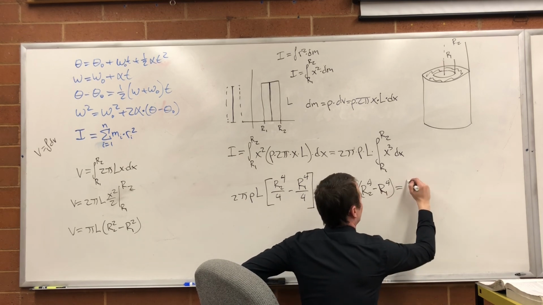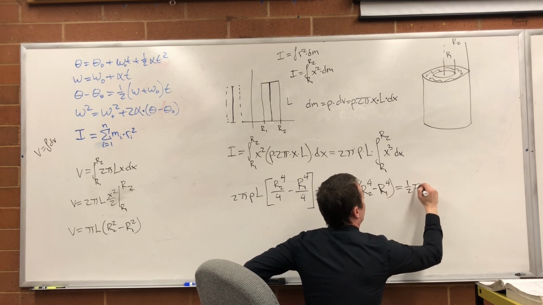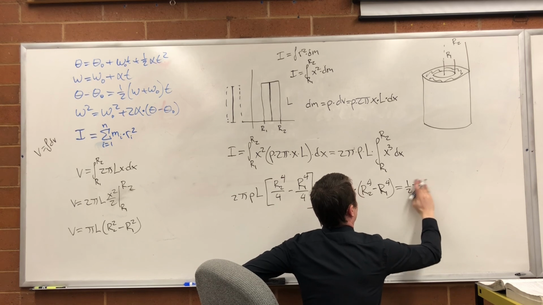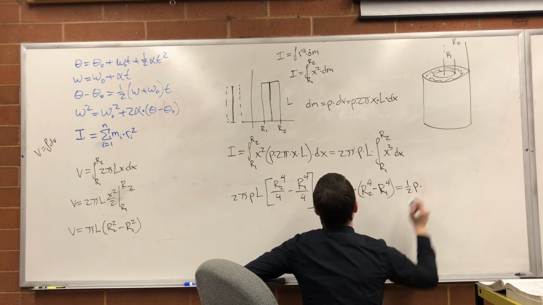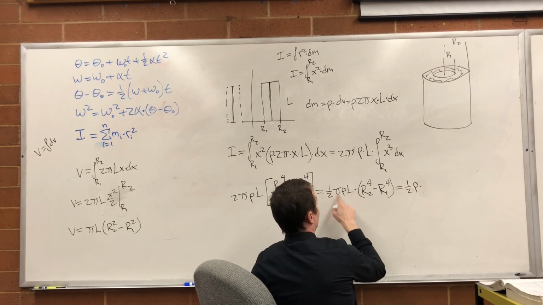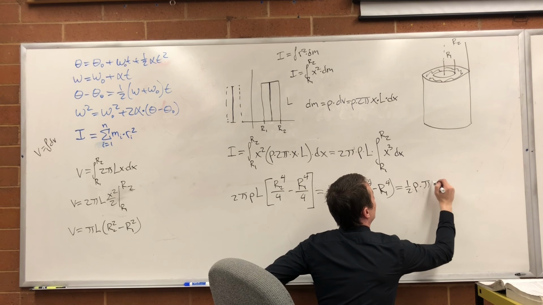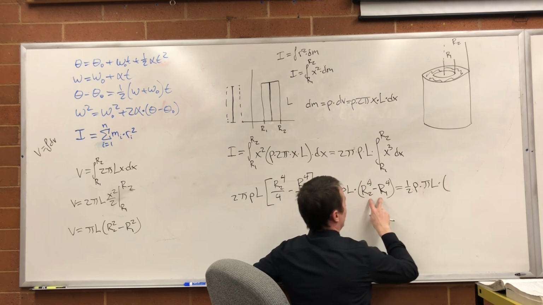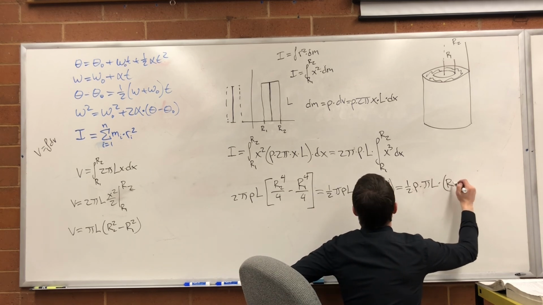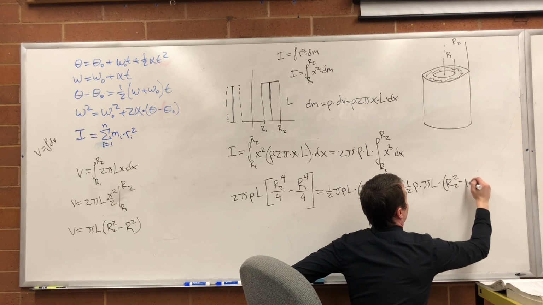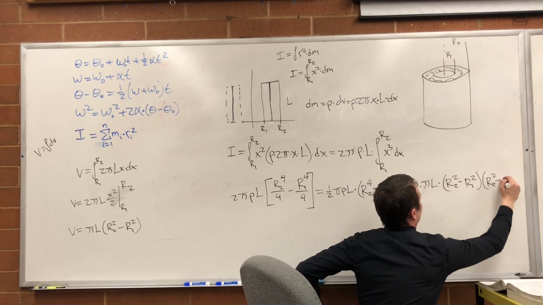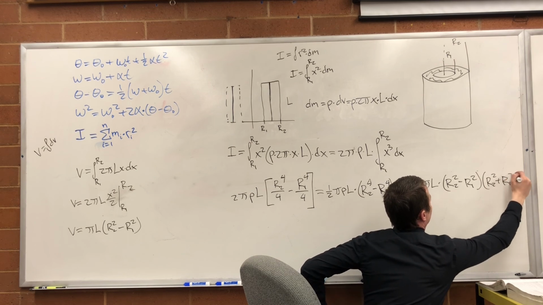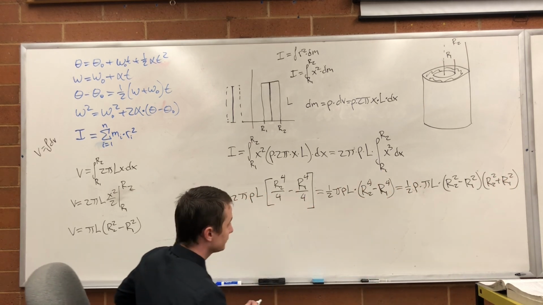So we have 1/2 pi, let's write our rho first, try and group the terms together that we're going to be replacing. Rho times, so 1/2 rho, we need pi and the L, times, I can factor this thing, that's going to be r2 squared minus r1 squared times r2 squared plus r1 squared. Right?